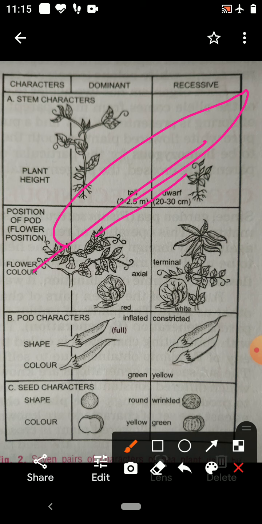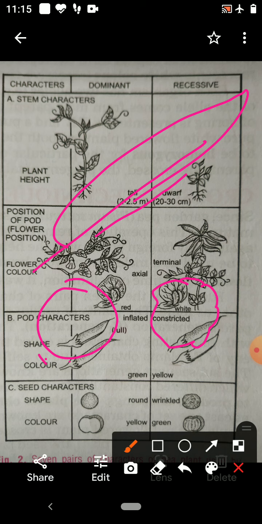Next character he took was shape of the seed. Some plants' seeds were round and some plants' seeds were wrinkled like this. So round and wrinkled. Color of the seed coat and cotyledons, yellow and green. So these are the 7 pairs of contrasting characters.